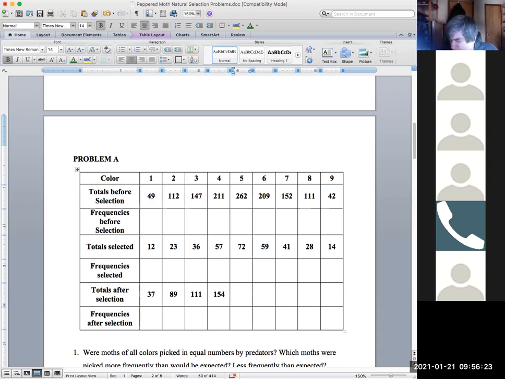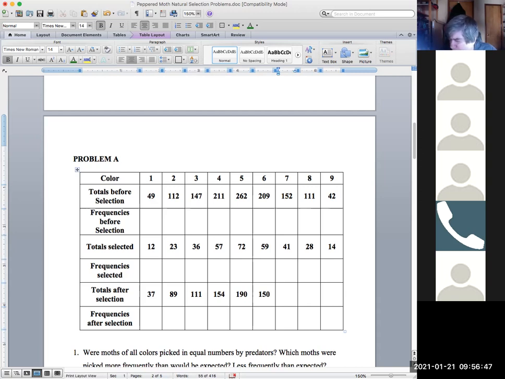We started out with 262 in the category number 5. At the end, we had 72 get eaten, so there must have been 190 remaining. We had 209 number 6s, 59 got eaten, so there are 150 left. If you notice me make any subtraction mistakes, correct me.